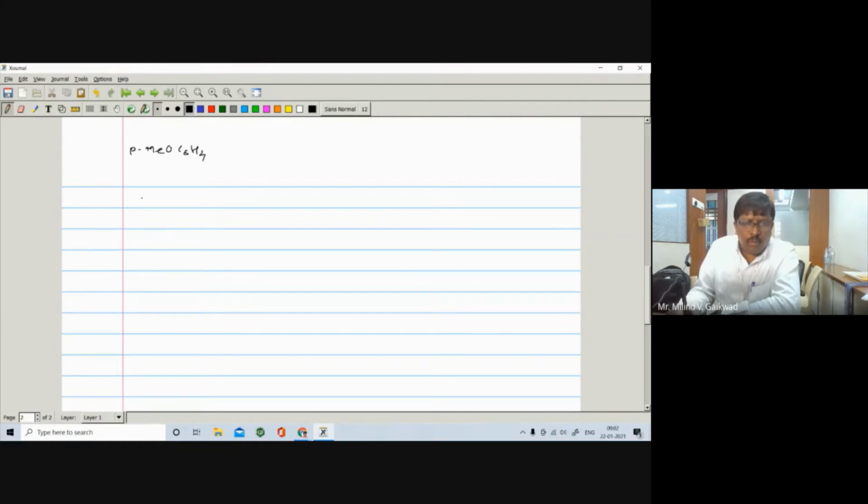You know, the methoxy group is an electron donating group. Oxygen has 2 lone pairs, and here it is at the para position. So it exhibits the plus R effect. That's why it is more electron rich at the para position. It exhibits plus R, and you know plus R is more powerful than plus I.